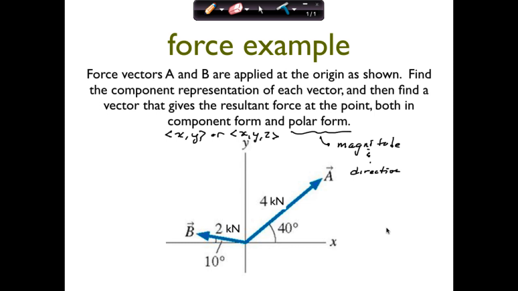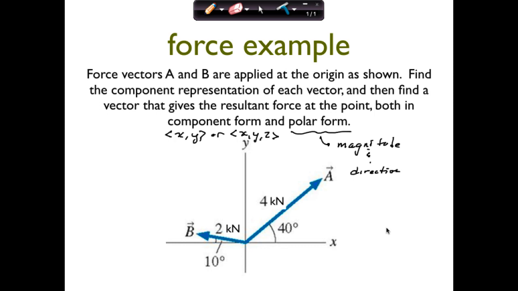In this case, for vector A, that's our standard trig angle, swept counterclockwise from the x-axis. This is also in polar form, but 10 degrees isn't the standard trig angle. The diagram shows you what that 10 degrees is.